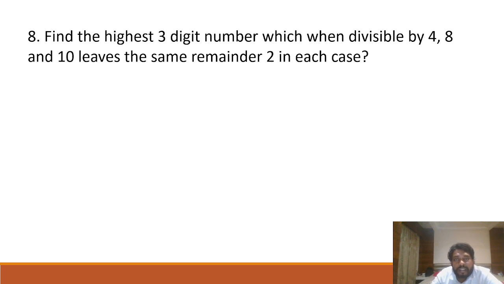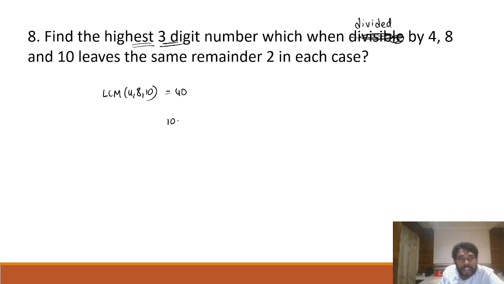Find the highest 3-digit number which when divided by 4, 8 and 10 leaves the same remainder 2 in each case. Now he's asking you to calculate the highest 3-digit number. Same process, guys. You take the LCM of 4, 8, 10, which is 40. First you calculate the highest 3-digit number which is perfectly divisible by 40.